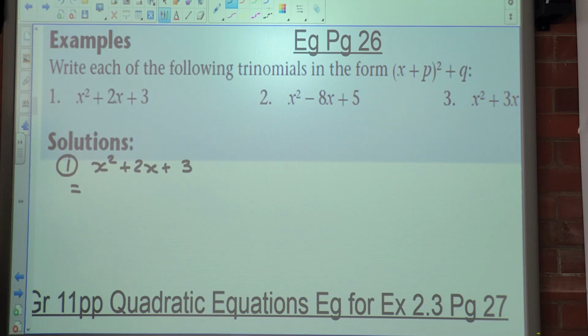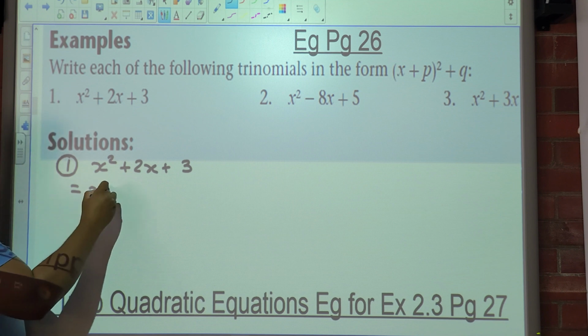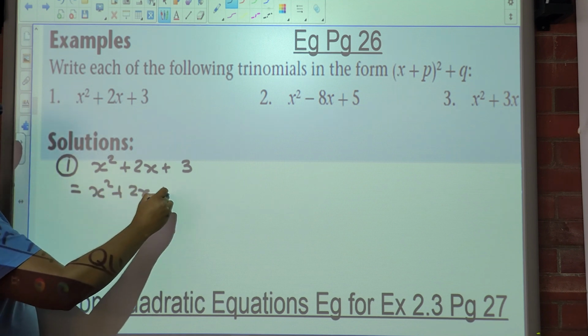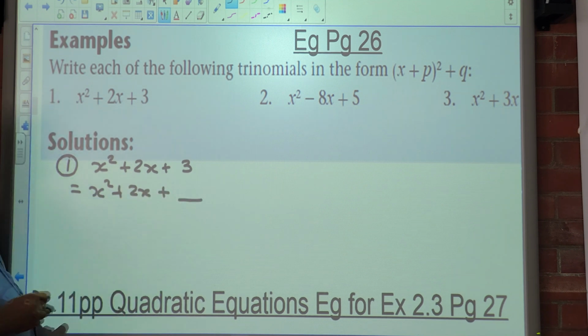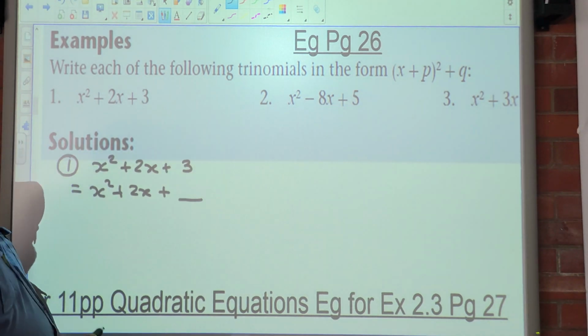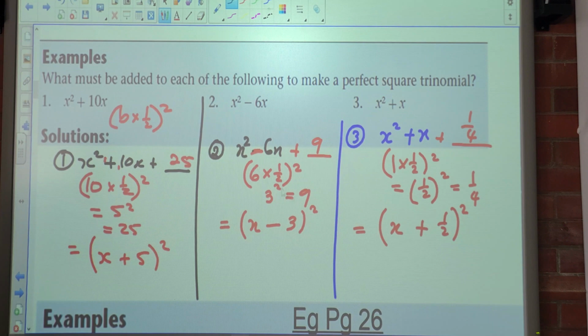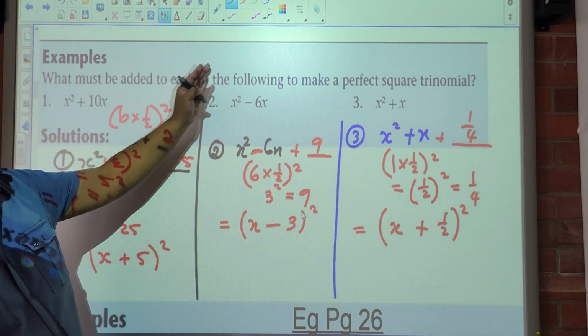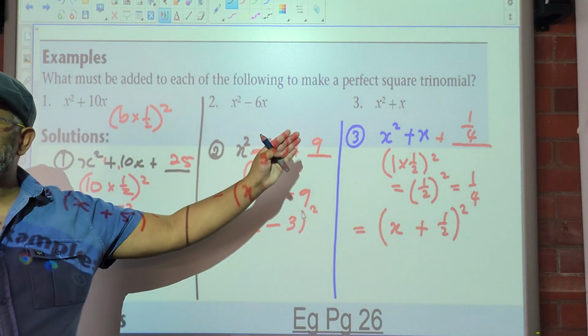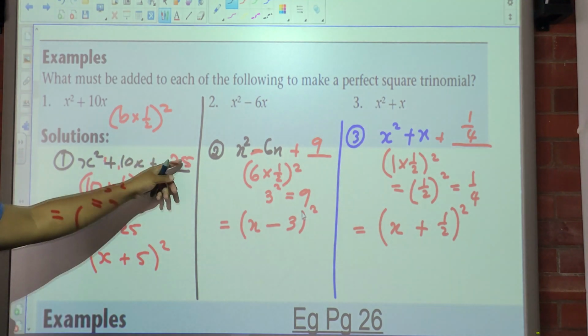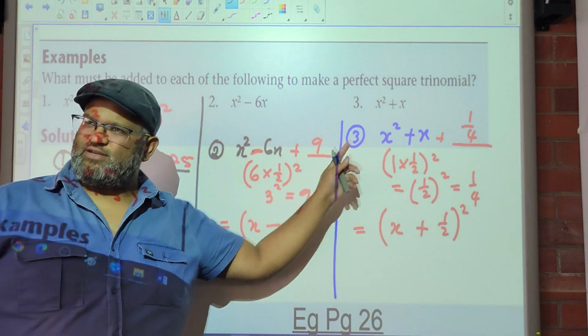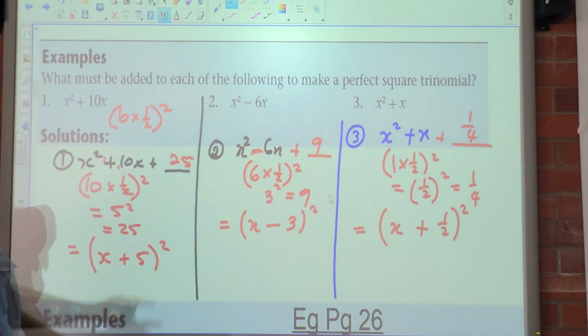So, again we're going to work with the first two terms. So we say, okay, x squared plus 2x plus a number to complete the square. Now, in the previous exercise, they just asked what must be added to each of the following to make a perfect square trinomial. So they wanted to know that number there, in the red.